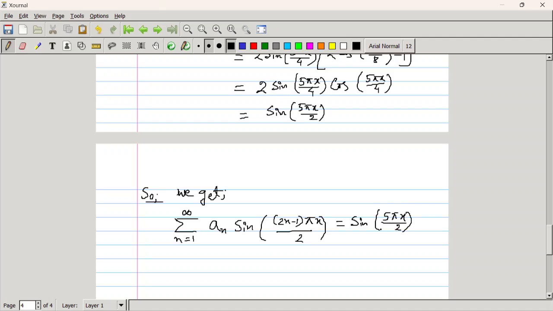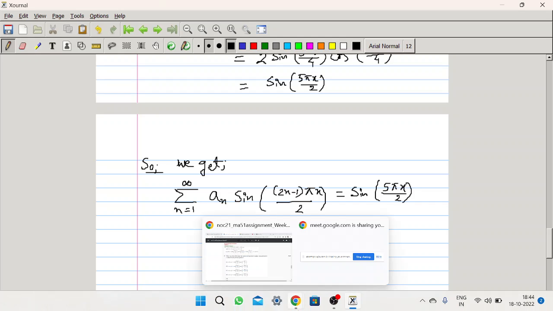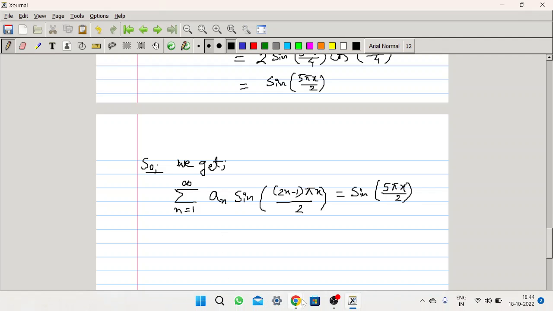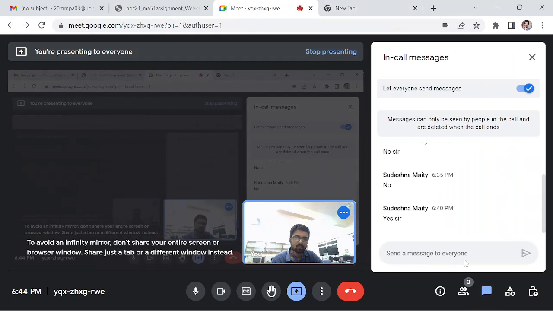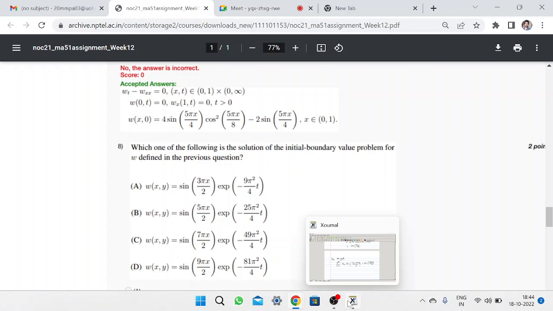Now can you tell me anything about this a n? How can we find a n from this expression?